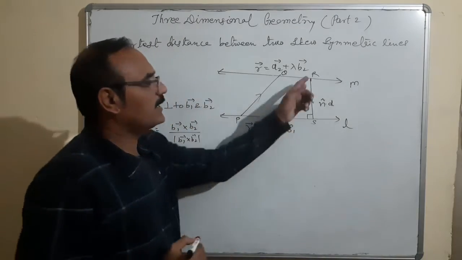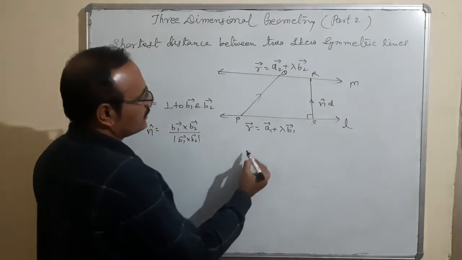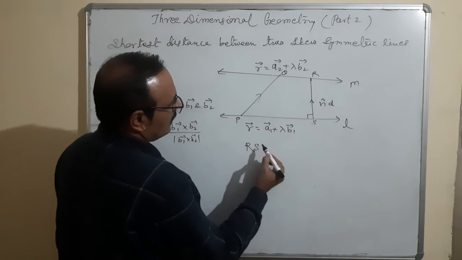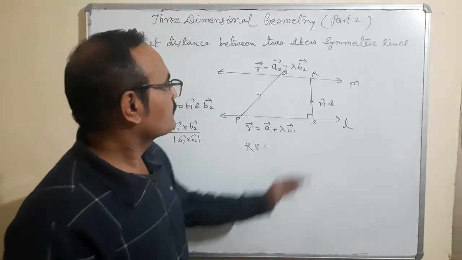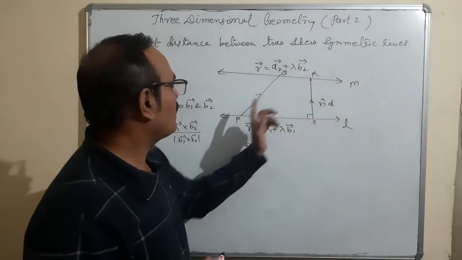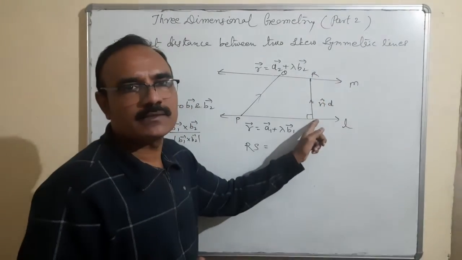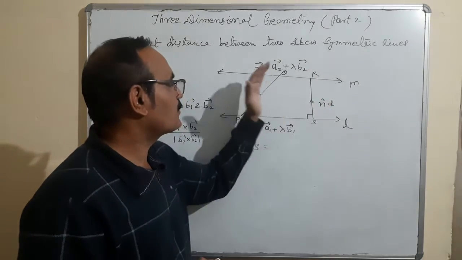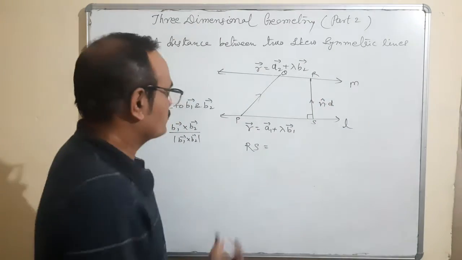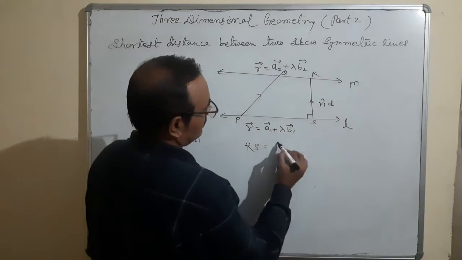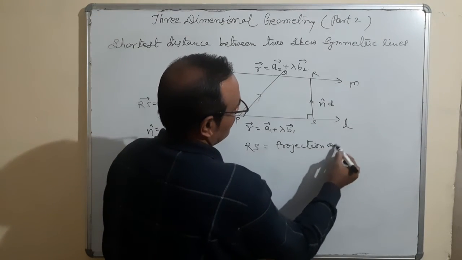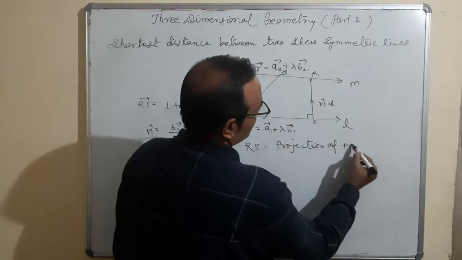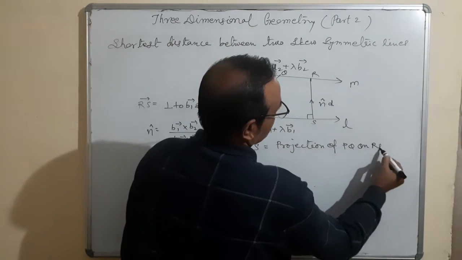Actually, what is this? This RS is the projection of PQ on RS. So RS is equal to the projection of PQ on RS.